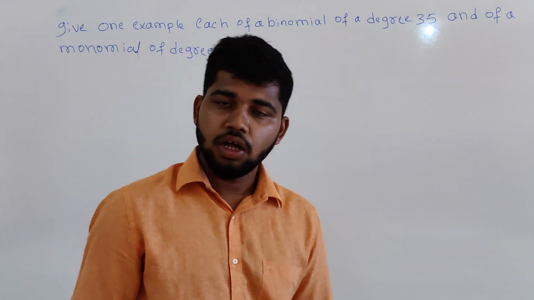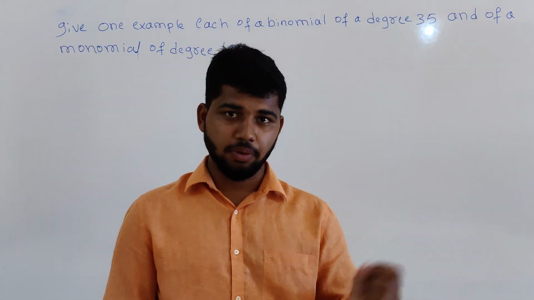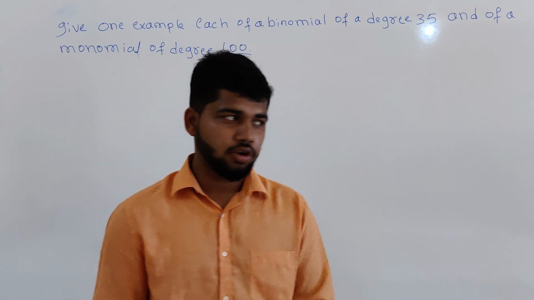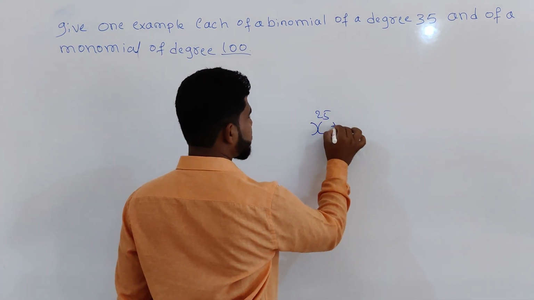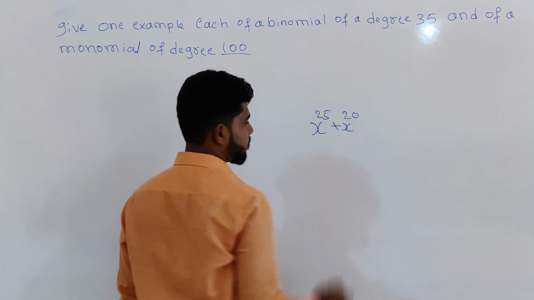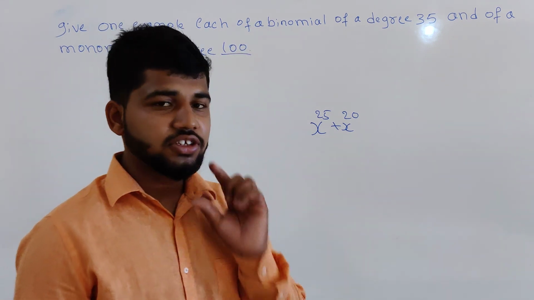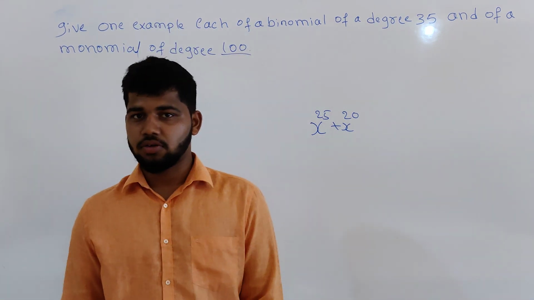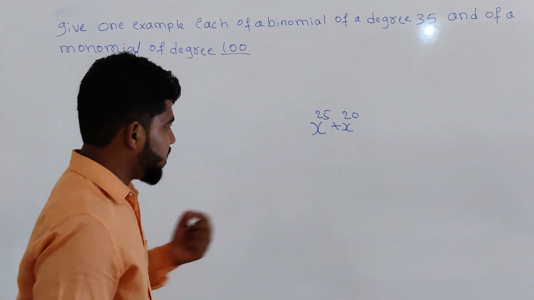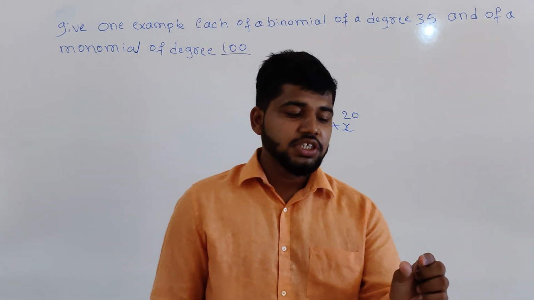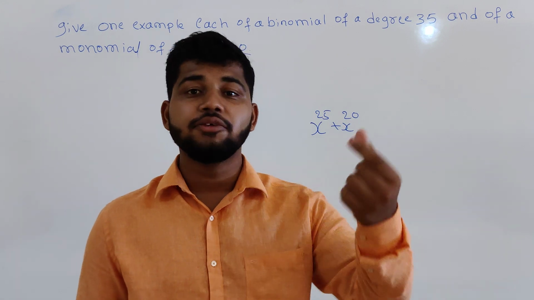Already we know the degree of the polynomial is the highest power. Take one example: x power 25 plus x power 20. If they ask what is the degree of the polynomial, first we will see which is the highest power in the given terms.